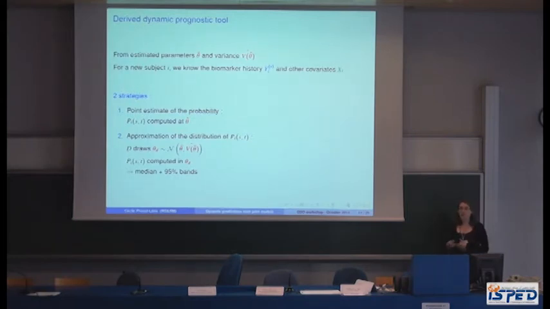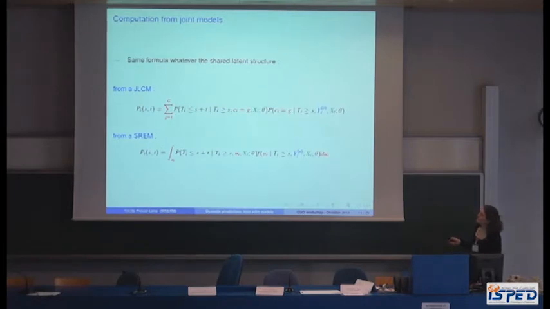And then we want to provide a dynamic prognostic tool for him. So we have two strategies. The first one is just to compute that at the parameter estimates. That gives us a point estimate of this predicted probability. But we want to appreciate the variability of this prediction.